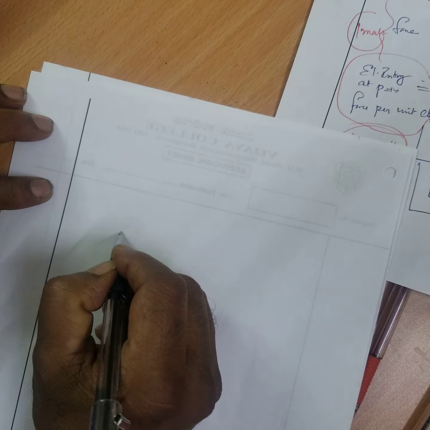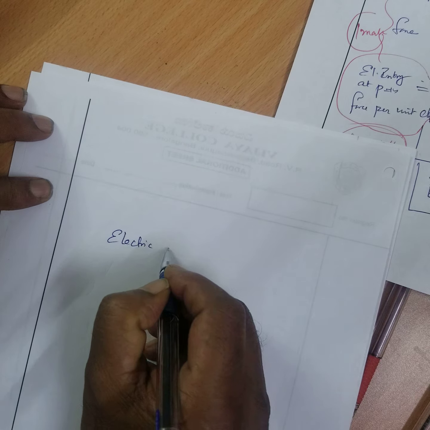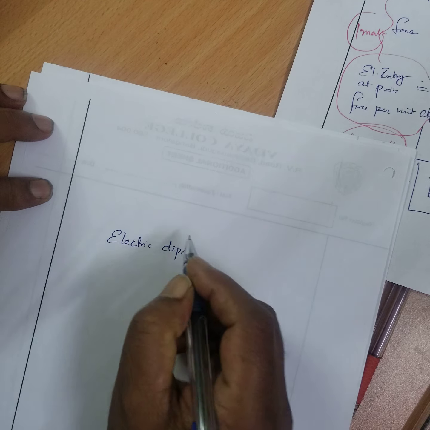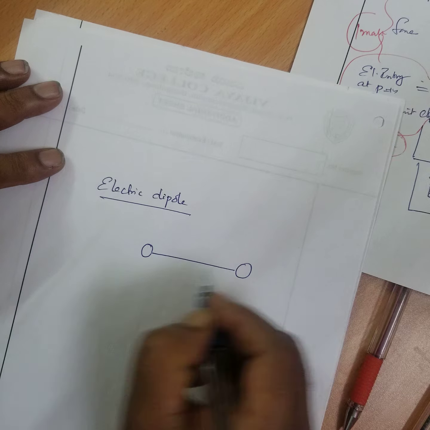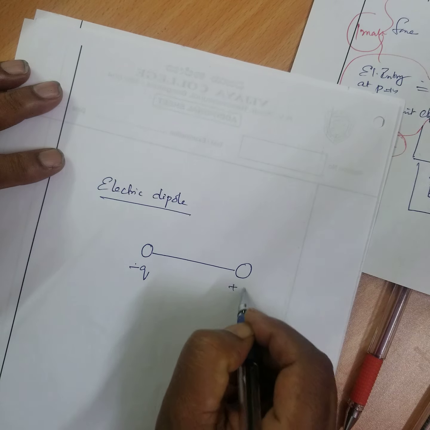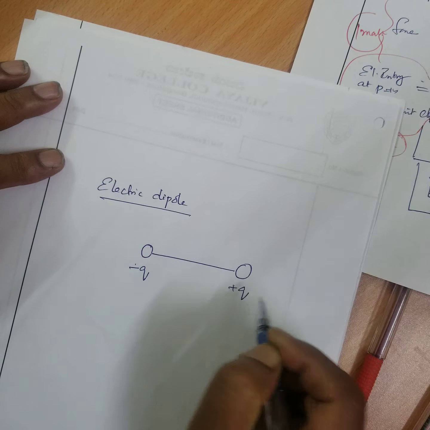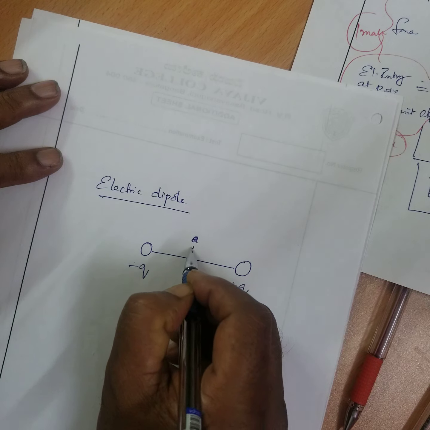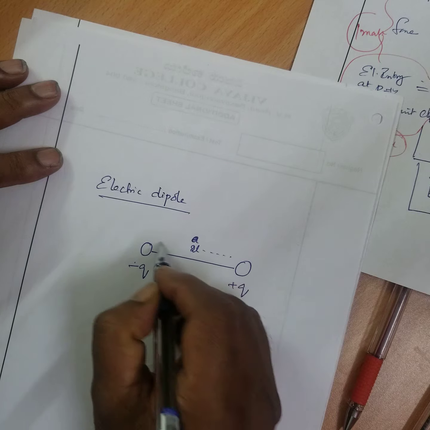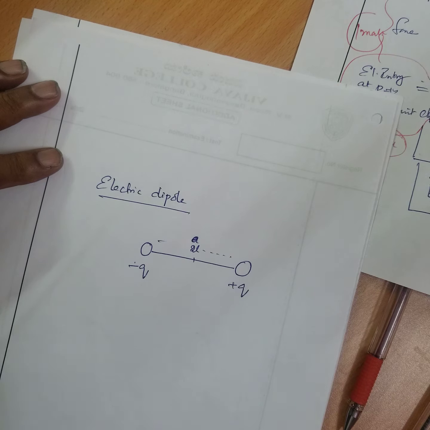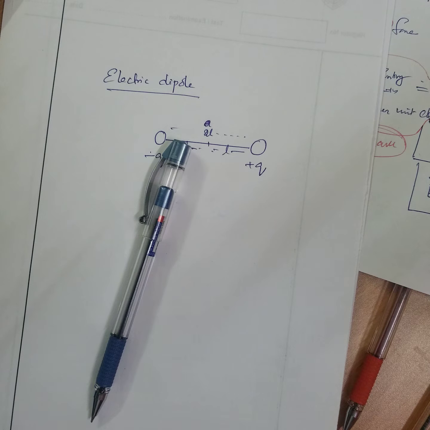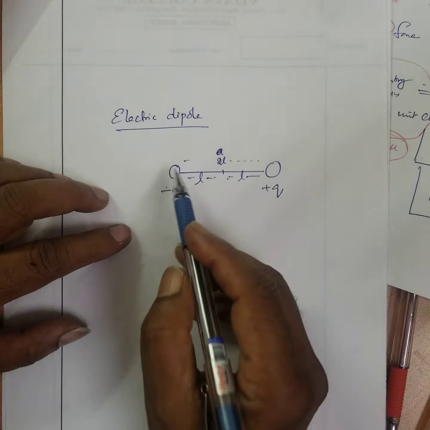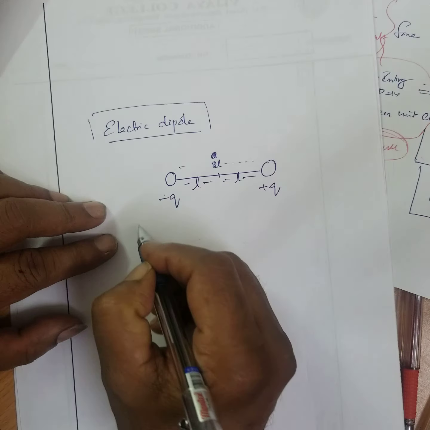What is an electric dipole? Suppose there are two charges, one is minus Q, another is plus Q, separated by a distance, say 2A, or 2L, anything, where this is L, this is also L. Therefore, electric dipole is what?